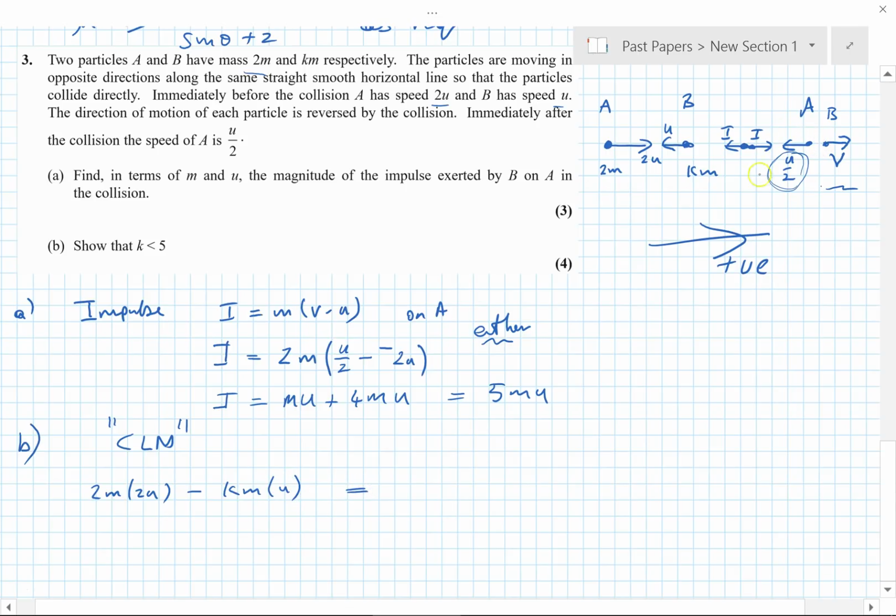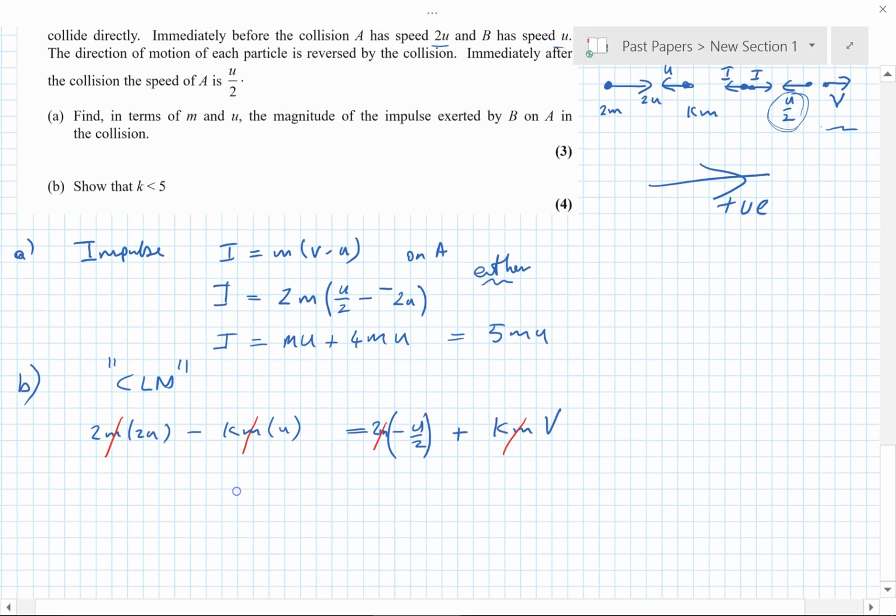This one's also going in the opposite direction, so that's minus u over 2 times m, times 2m times minus u over 2, plus this one's going in the positive direction, that's kmv. That's the m1v. Right, now m's cancel, so I'm going to get an expression for v.